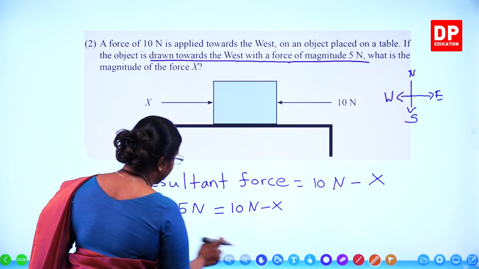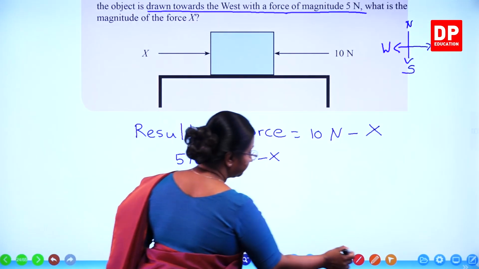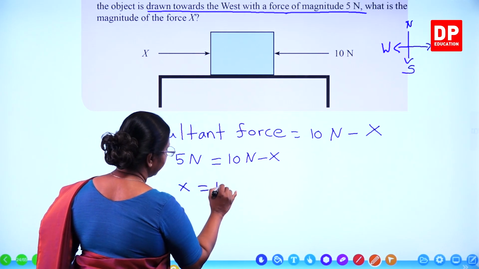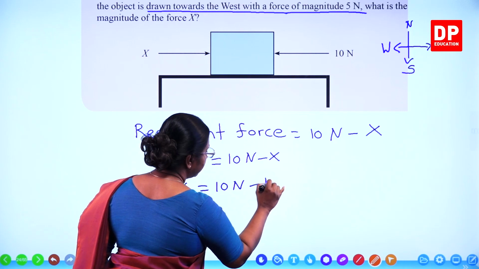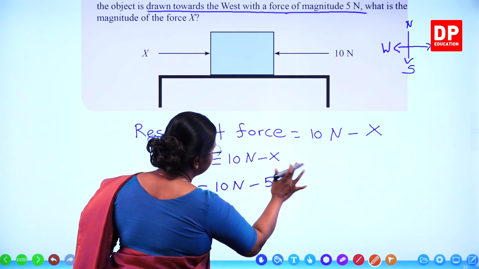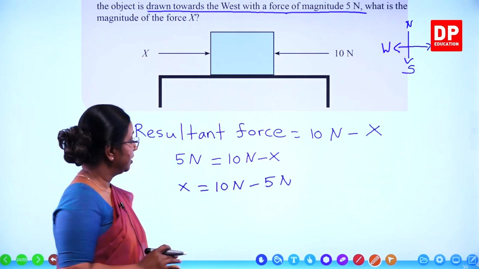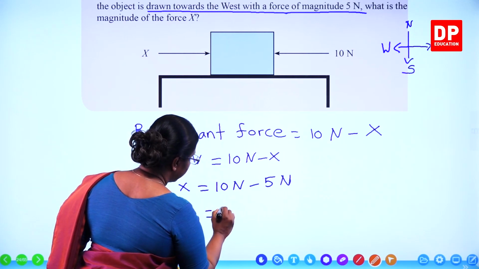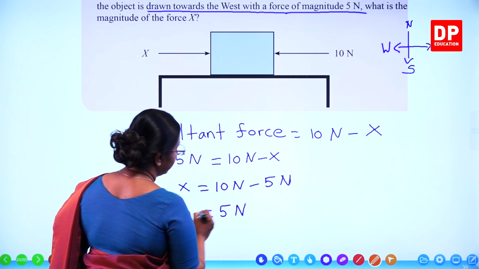So if we rearrange this equation, you can see x equals 10 Newton minus 5 Newton. You have to take x to this side and subtract 5 from 10. So 10 Newton minus 5 Newton, that is going to be 5 Newton.